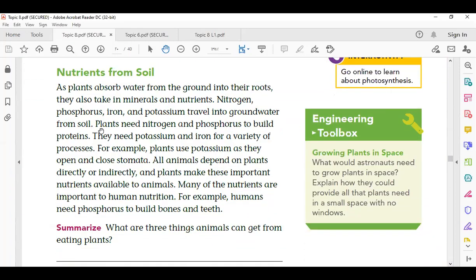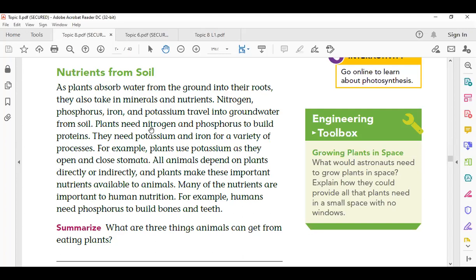Also, plants need nutrients. Plants need water and carbon dioxide for photosynthesis, but plants need other nutrients for other activities. For example, plants need nitrogen and phosphorus to build proteins. These are called nutrients.